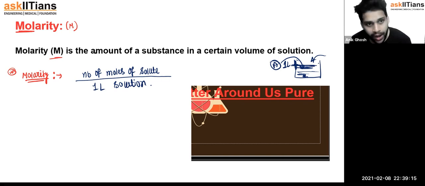Now molarity is the amount of substance in a certain volume of a solution. So this was a very simple way to express it. Actually, the number of moles of solute in 1 liter solution. Okay, now let's go to a question.